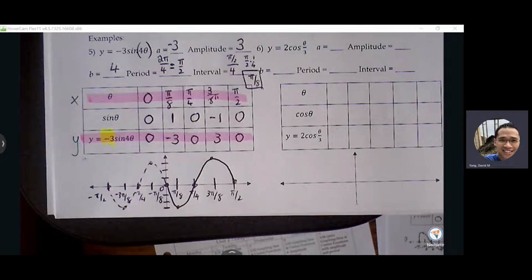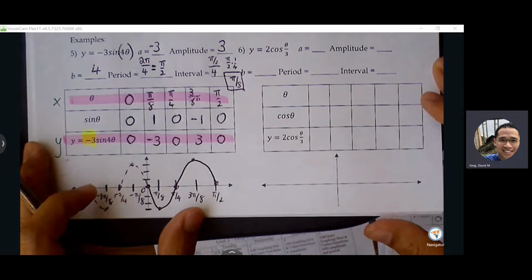Okay, so number 6, find the A value, find the amplitude, find the B value, go through the period formula, go through the interval formula. So go ahead and try that, and then after a minute, I will follow up with the steps.